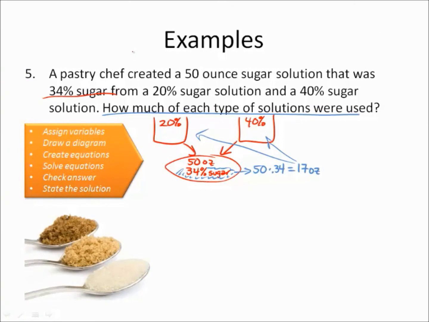So let's say, let x be the number of ounces of 20% sugar solution, because they're asking how much of each type of solution, not how much sugar is in each solution.